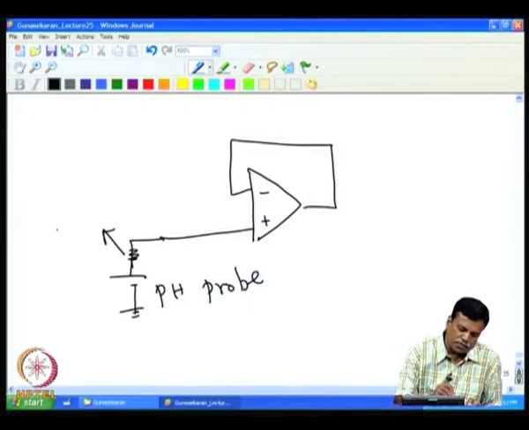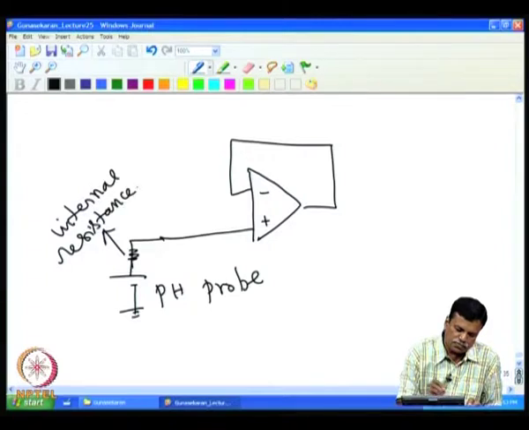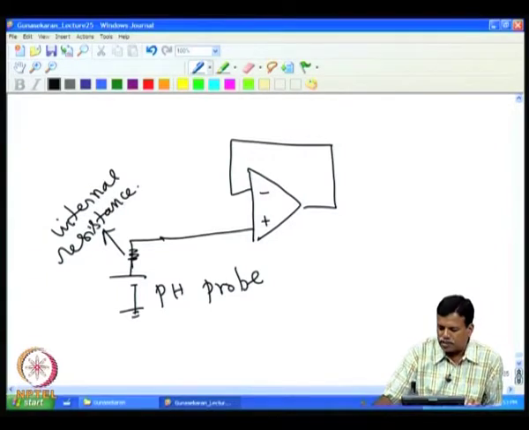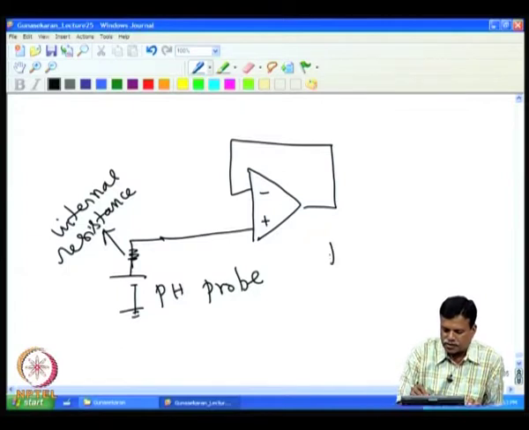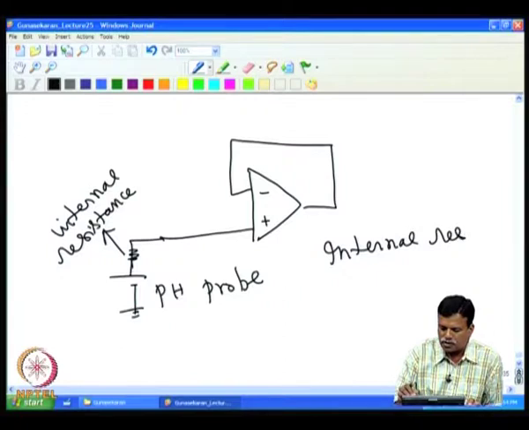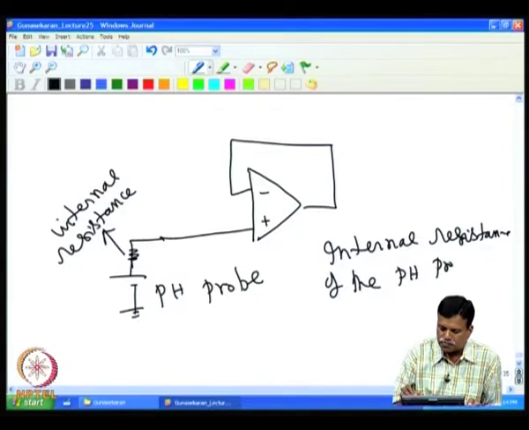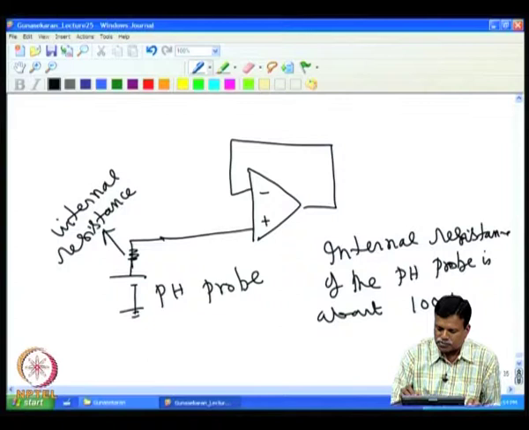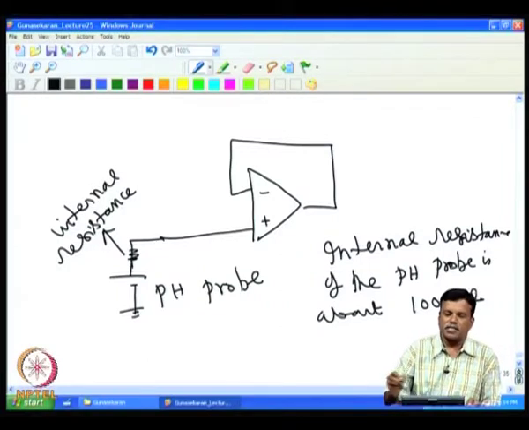The internal resistance of the pH probe is about 100 megohms. So, the internal resistance is very high.